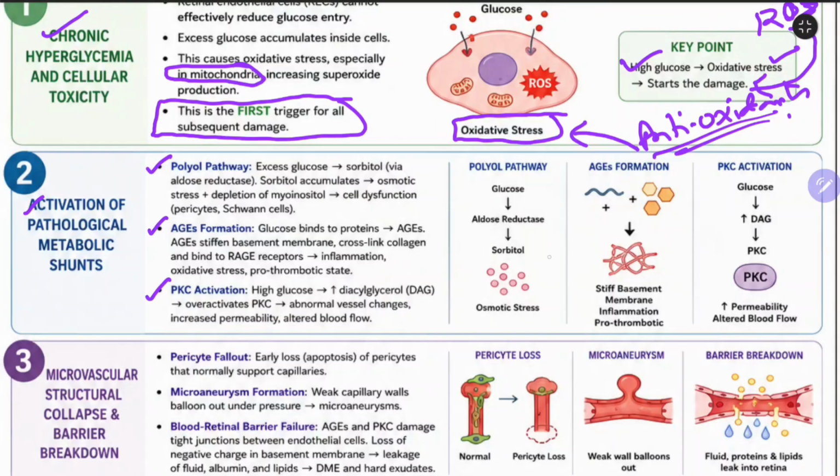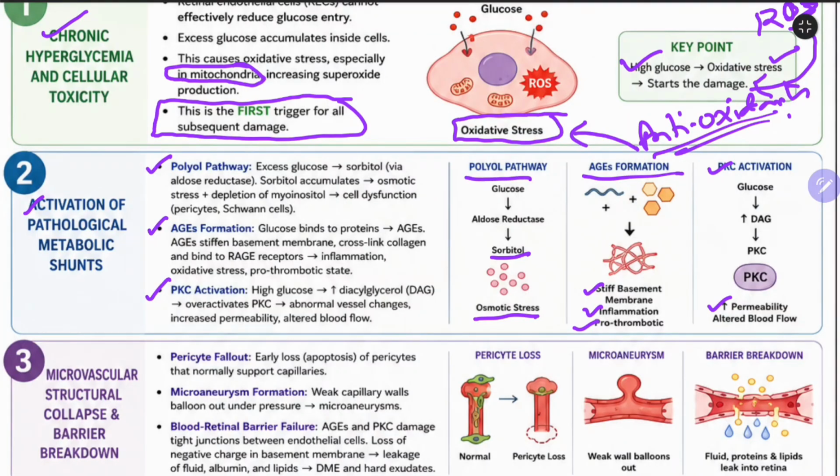AGEs cause thickening of the basement membrane, inflammation, and thrombosis of the microvasculature of the retina. Protein kinase C activation will cause increased permeability and altered blood flow, which is responsible for leakage of cholesterol and RBCs from the blood vessels in the retina.